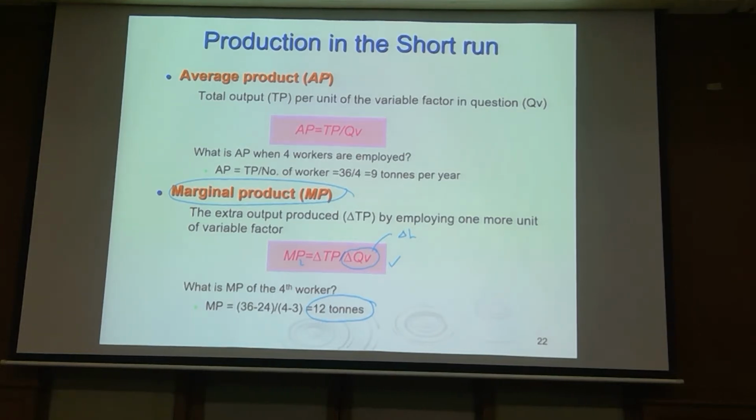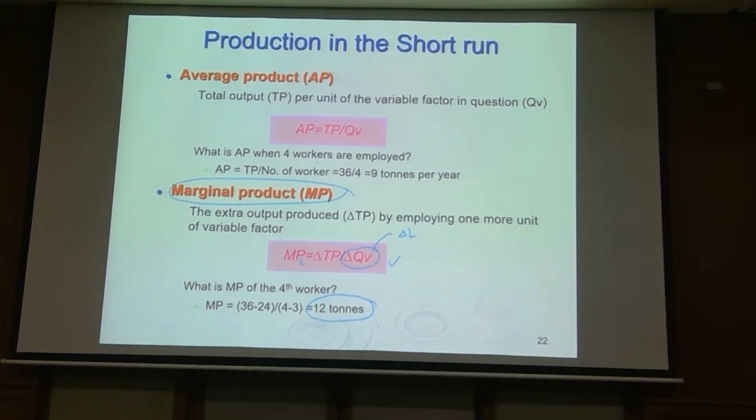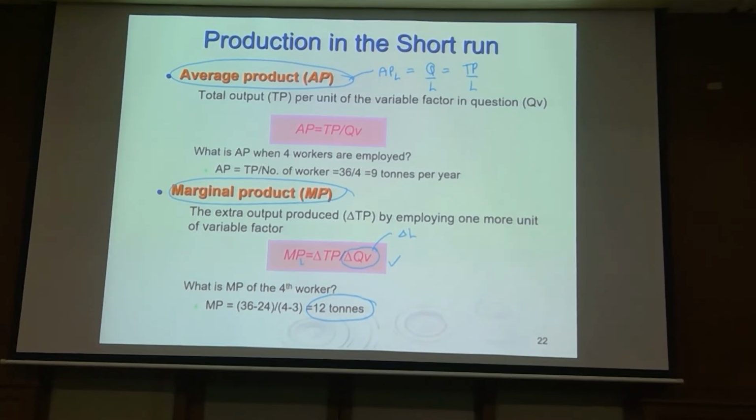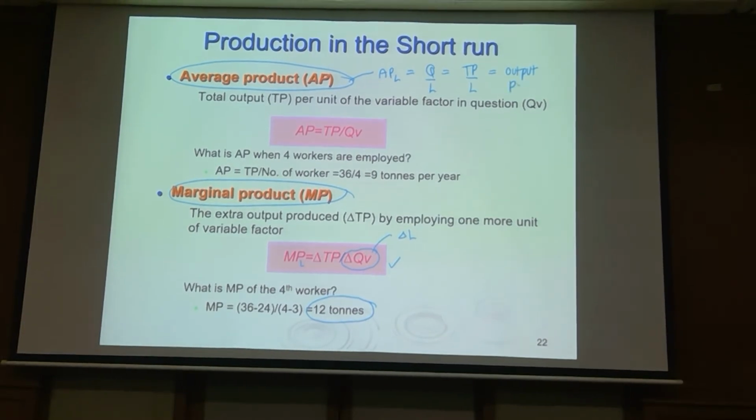Then another thing that people use to measure labor productivity, of course, you might learn about this more. We call it the average product, but it's actually the average product of labor. It's actually Q over L, or total product over L. Or sometimes you just know it as output per worker.